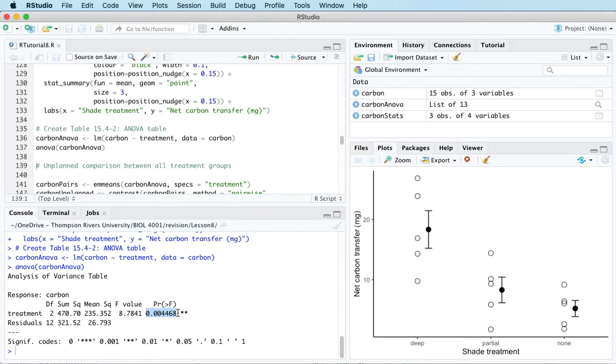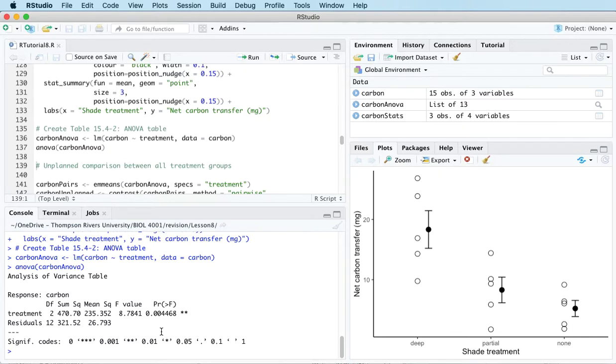Third step, the p-value is 0.004468. Step 4, we will reject the null hypothesis in favor of the alternative because 0.004468 is less than a significance level of 0.05. So our conclusion is that at least one treatment mean is different than the others.